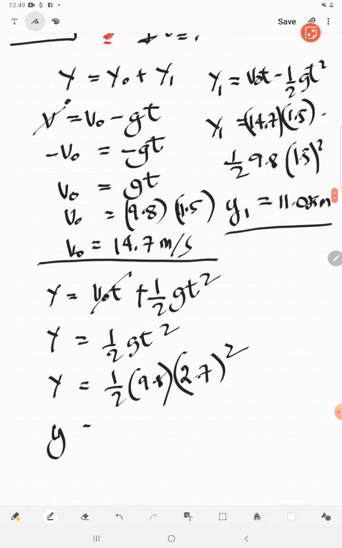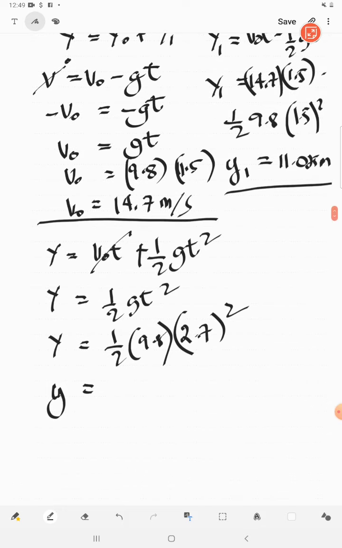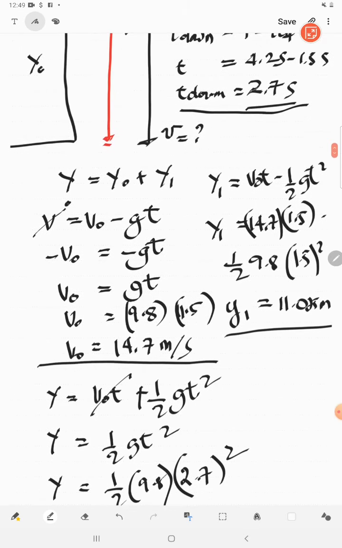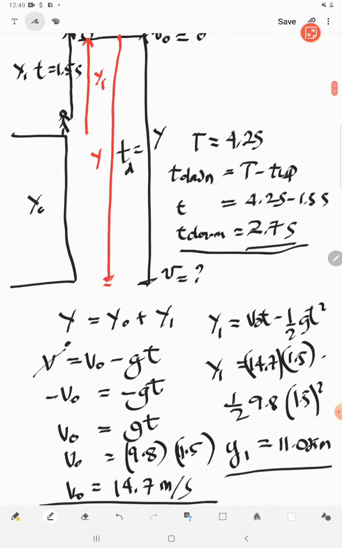So y is simply equal to 2.7 squared times 9.8 divided by 2. So you will see that the total height is 35.72 meters.